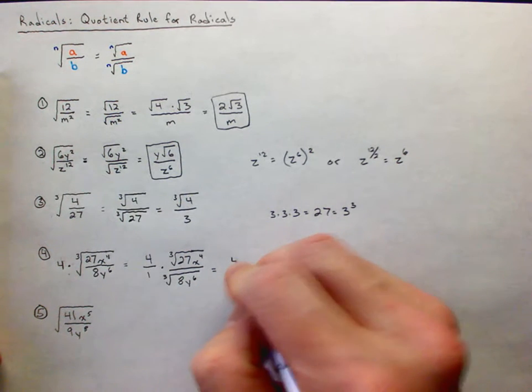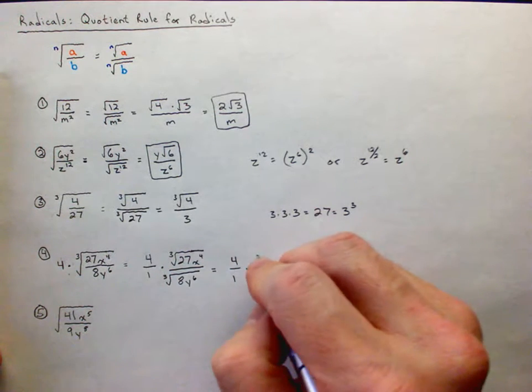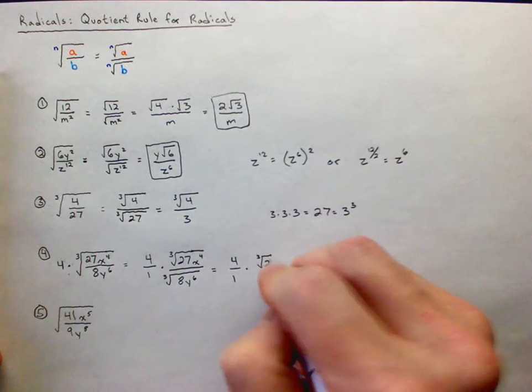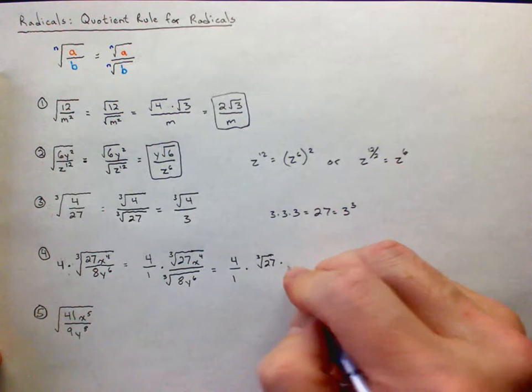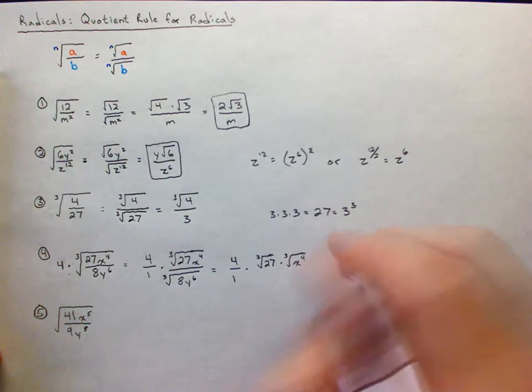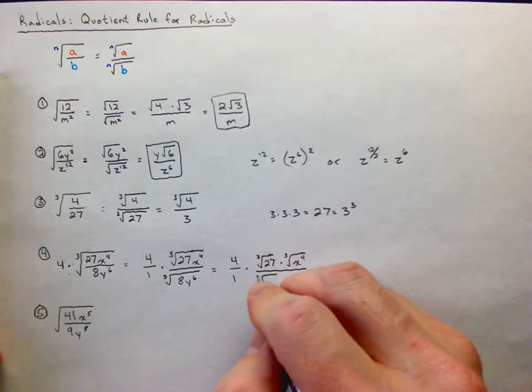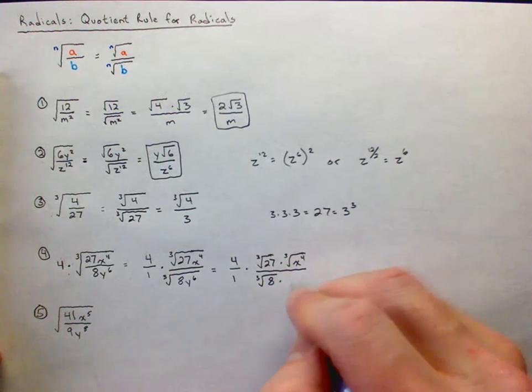So this is going to be 4 over 1 times the cube root of 27 times the cube root of x to the 4th over the cube root of 8 times the cube root of y to the 6th.